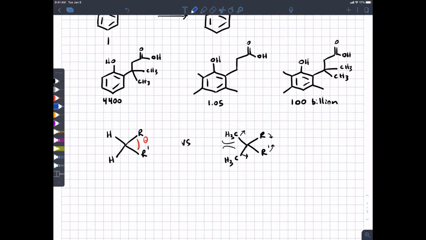So if we measure angle theta 1 versus angle theta 2, what you see is that theta 2 is smaller than theta 1. Having those two methyl groups compresses this bond angle, and you put the groups a little closer together, and that can accelerate reactions. Questions about that?